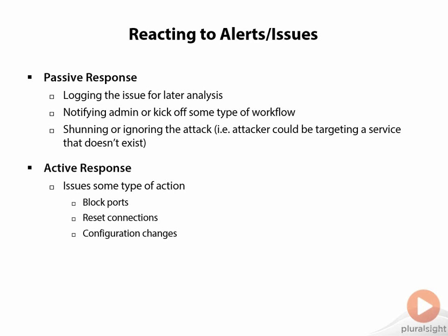All right, so it could be we want to change configuration on a router, or do some type of network or server system change to block or prevent future instances of that malicious activity. Configuration changes, again, are trickier because you don't want to necessarily lock yourself out or have the cure basically be worse than the disease.